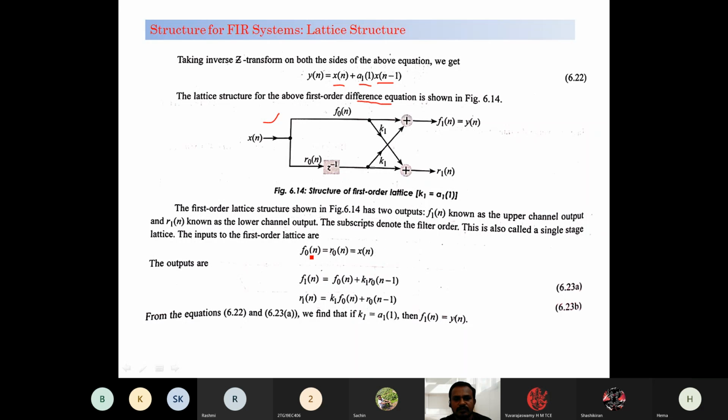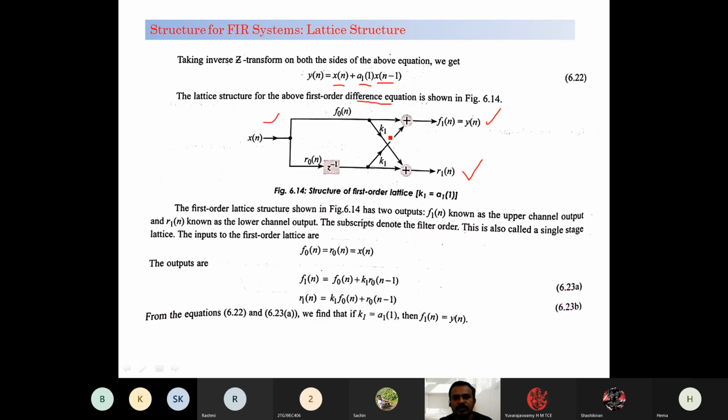Here we have x(n) given as input. Before going to the explanation, let me explain: it has two channels, two output channels. One is called the upper channel, and another is called the lower channel. It is for only the first order lattice structure. Here both channels are cross connected with coefficients.